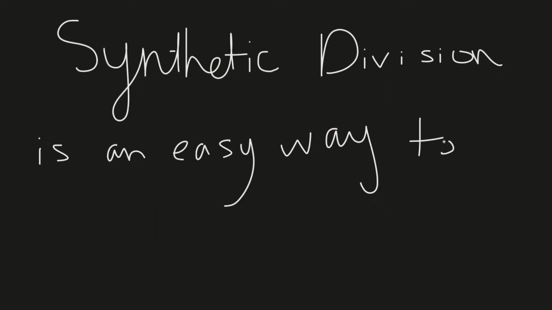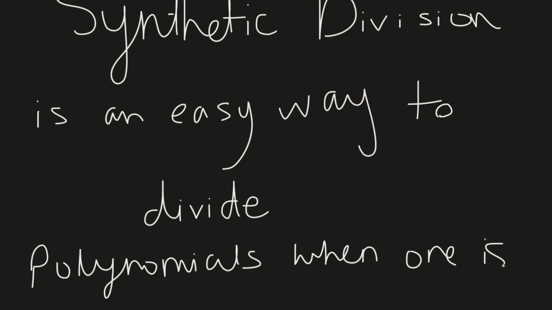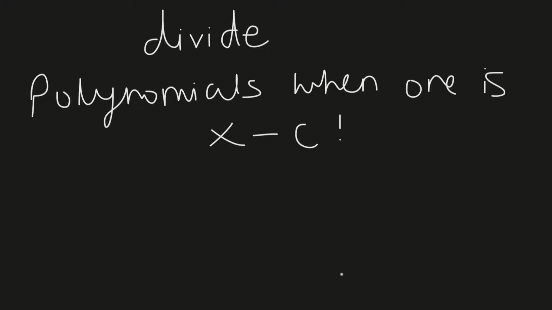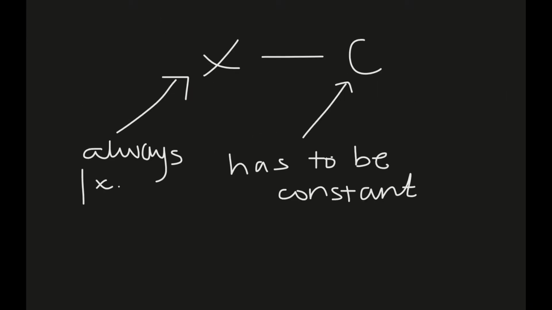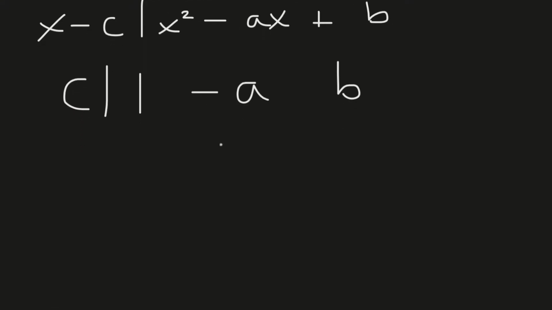Synthetic division is an easy way to divide polynomials when one is x minus c. C has to be a constant numeral. The leading coefficient of x is always 1. Write C on the top left, write the coefficients of the dividend next to it on the right.